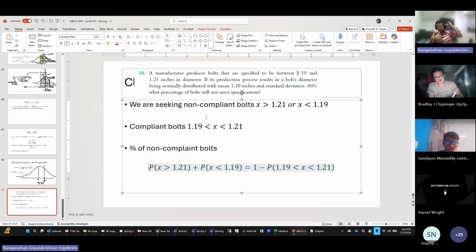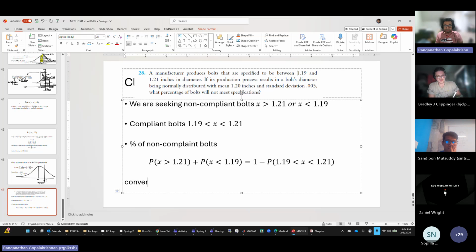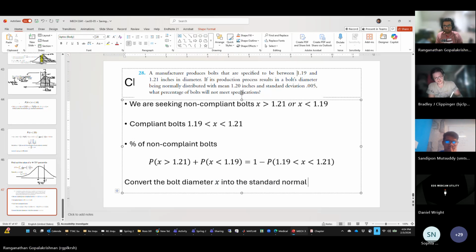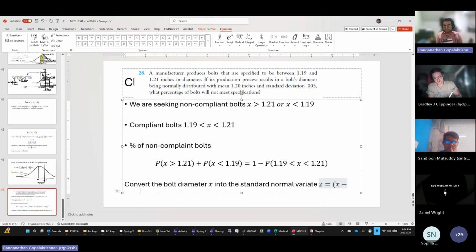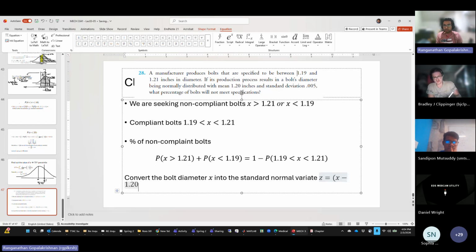Yes? Okay. So now you are given the mean and standard deviation as 1.2 and 0.005. The next step is to convert the bolt diameter X into the standard normal variate or variable Z. So where you will have Z equals X minus 1.20 divided by 0.005.